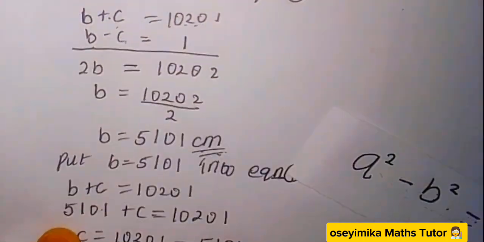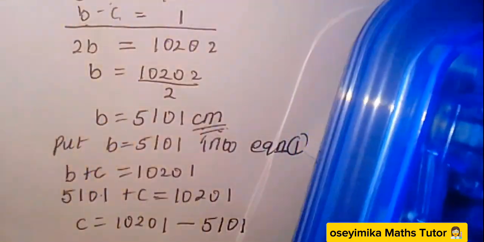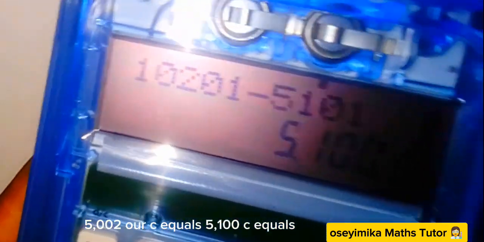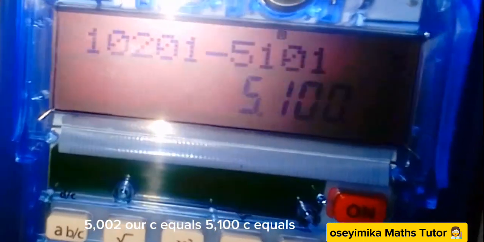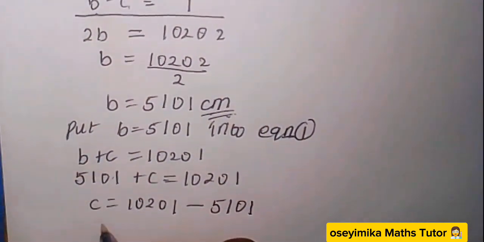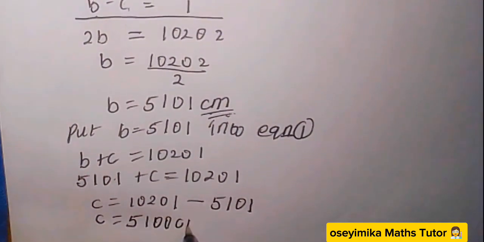When we punch in our calculator, 10,201 minus 5,101, our C equals 5,100.